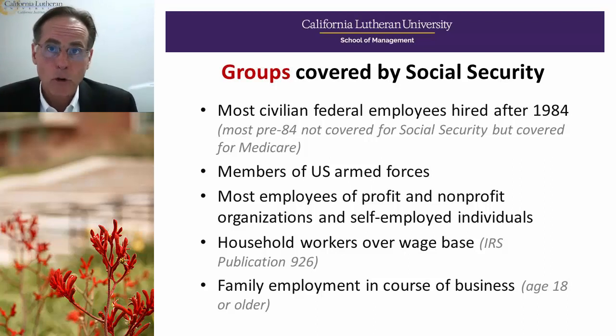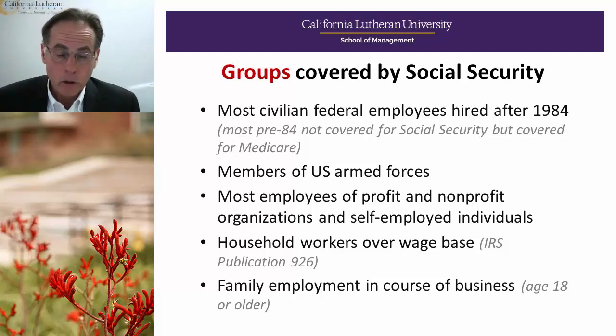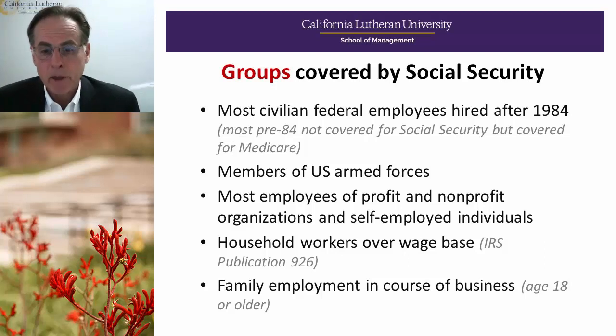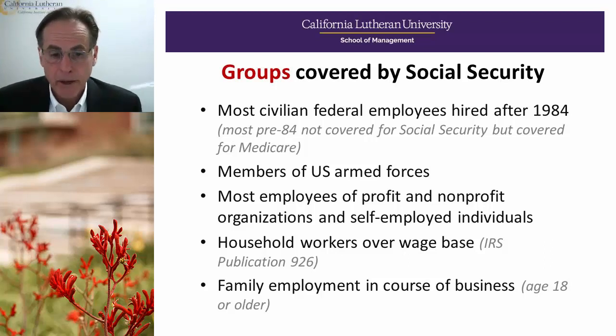Household workers over a wage base, and you know there's been a lot of press on this, where household domestic help, lawn gardeners or people helping cleaning in the house, over a wage base, there needs to be payments made, and that wage base varies. Right now it's about $1,800. Family employment in the course of business, so when you're employed, you're age 18 or older, you'll be covered by Social Security. You'll be paying in.